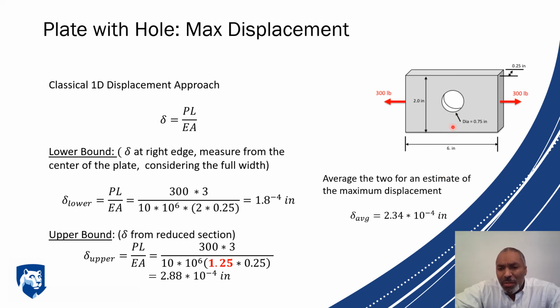If we look from the middle to the left, we'd have the same delta, 2.34, because it's symmetric. Overall, it would change length by 2 of these, but what you'll see in our SolidWorks simulation is that we're going to end up only modeling 1/4 of the plate. So for this top right quadrant, we're only concerned about the change in length of this section from the middle to the end, which is why we use this length of only 3 inches for half the thing.